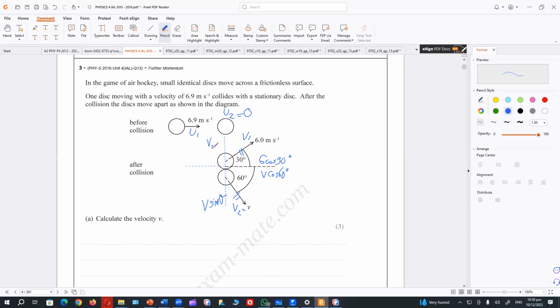This is V1, which is 6. I have resolved it.